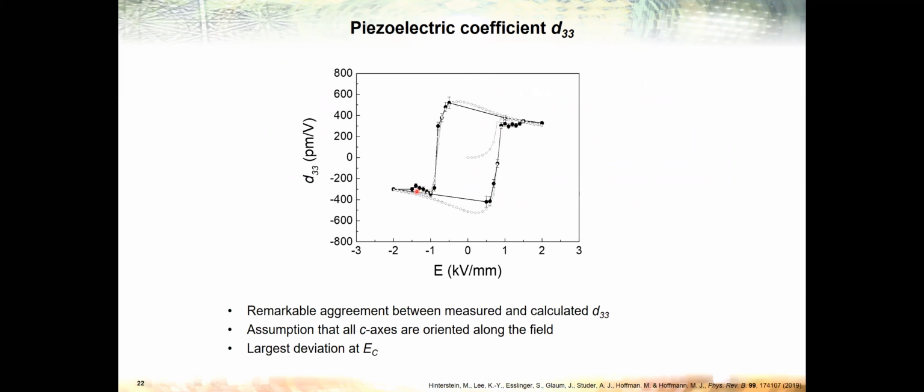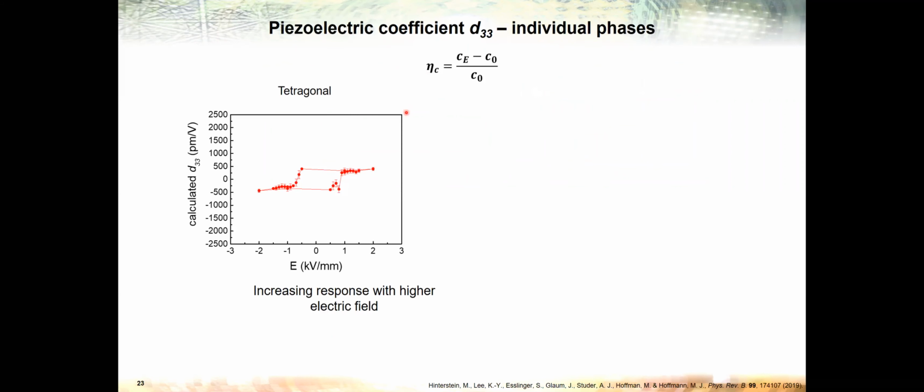So this means we can even recalculate the piezoelectric coefficient. And the big difference now is that we even get information on the individual phases. Because we have all this information, when we look at the tetragonal phase, we see it's a rather normal d33 curve. So we have about the same maximum around the coercive field.